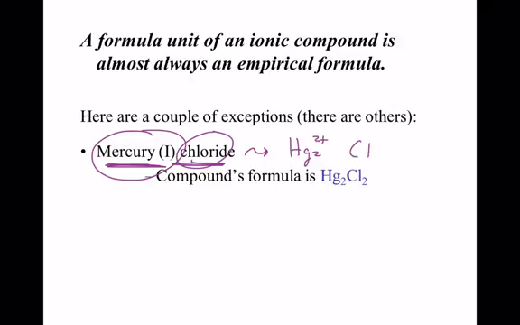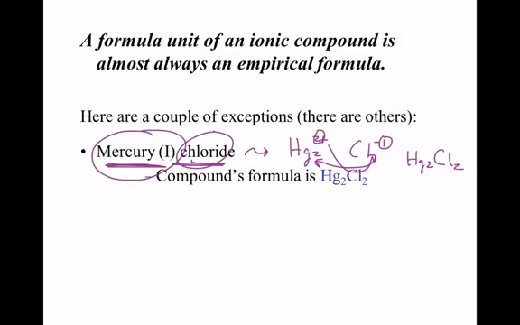I would write Cl -1, and then I would crisscross. So if we crisscross, of course, the number of Hg2s we need is 1. So Hg2 just comes down like that. And the number of chloride ions we need is 2. So that's just kind of a little review of what we did in lab.